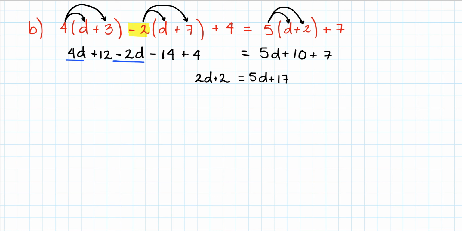So in this case, I'm going to take the 17 to the other side. So to do that, I'm going to take away 17 and then take away 17. Okay, when I do that, I have 2d plus 2 take away 17 is going to be equal to -15.